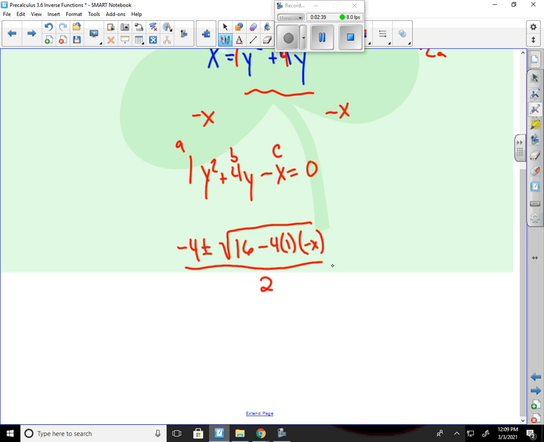Now we start to simplify here. Negative 4 plus or minus square root of 16 plus 4x. Why is it plus? Because I had a negative 4 times 1 times negative x. Negative times a negative becomes a positive. And then that's still over 2.